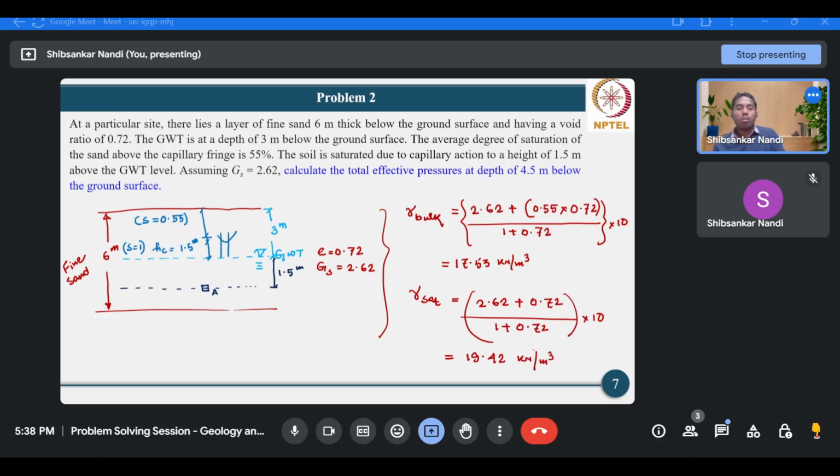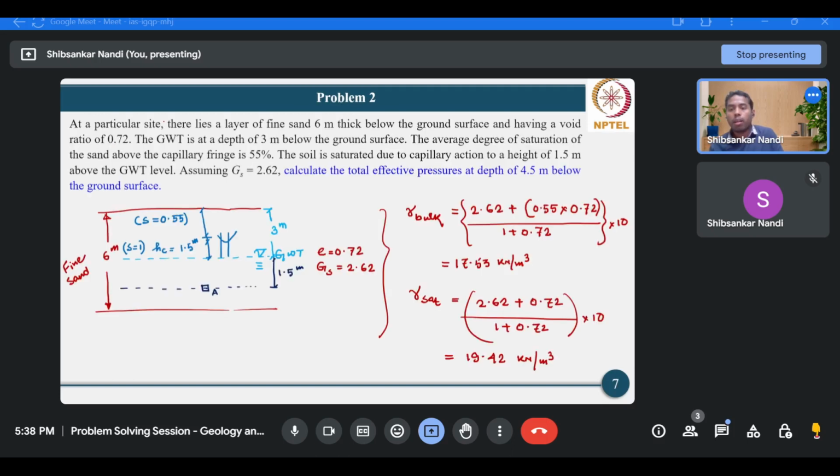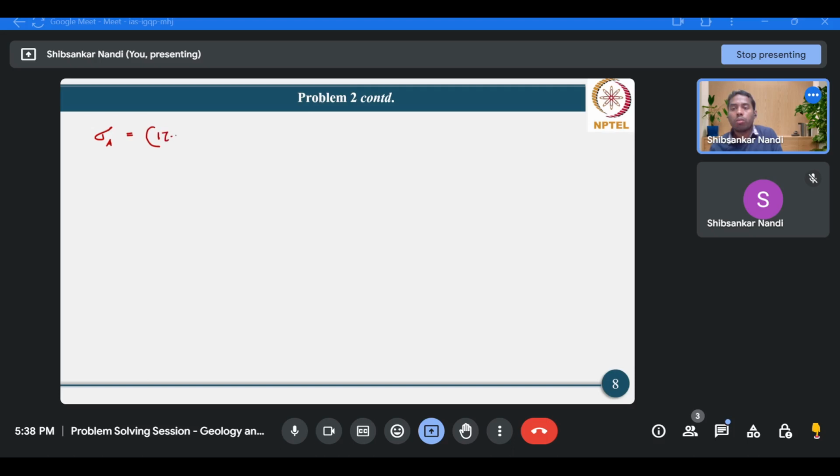Okay, so now we'll calculate the total stress at point A. So sigma A will be gamma bulk multiplied by 1.5, because this 1.5 meter is under partial saturation. So 17.53 into 1.5. Now the remaining portion is under complete saturation, so therefore 19.42 multiplied by 1.5 plus 1.5.